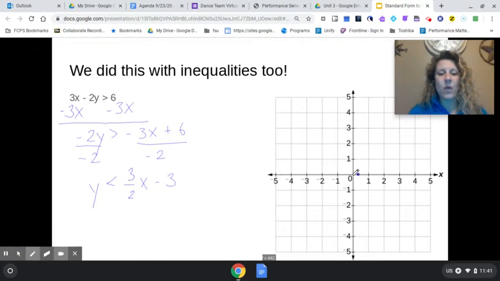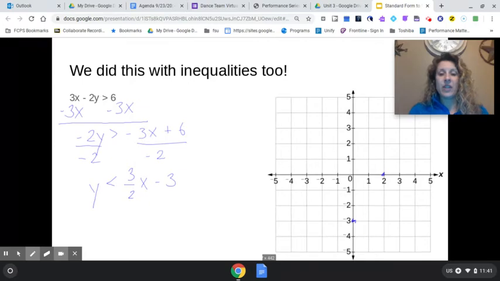We have a y-intercept at negative 3. And we have a slope of 3 halves, so a rise of 3 and a run of 2. Now, when we graph inequalities, we do have to think about whether it should be a dotted or solid line.